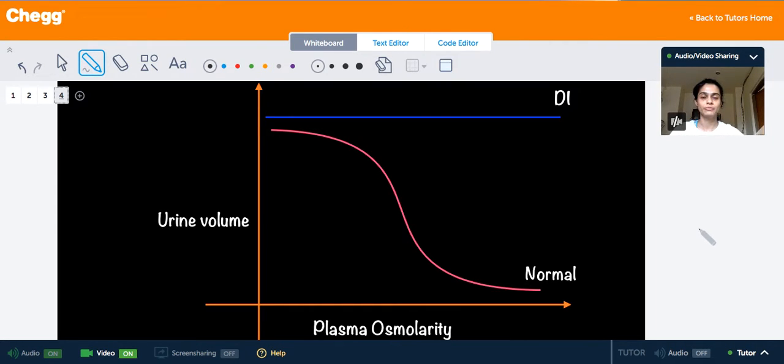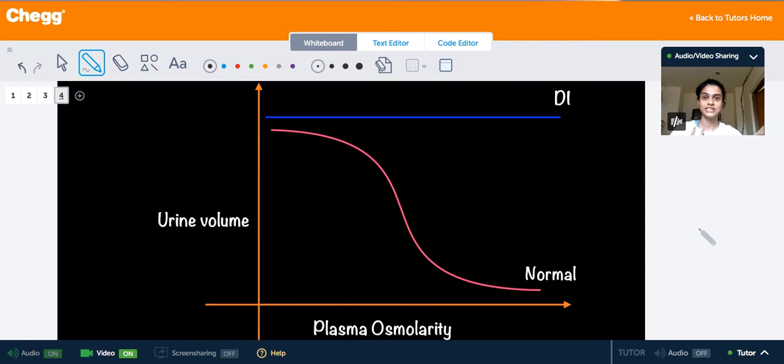And that's not good, because when you're dehydrated, or when your kidneys are sensing a loss of volume or a loss of effective arterial circulation, they should normally try to retain water, and this is done by the effect of ADH. But in patients with DI, as we saw after the water deprivation test, they still go on to produce a lot of dilute urine.